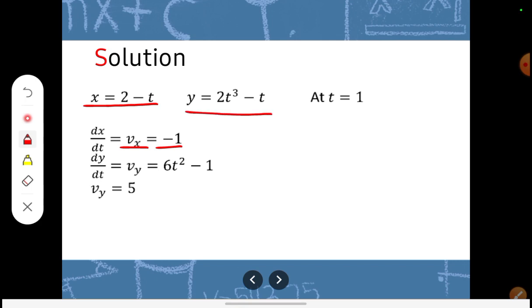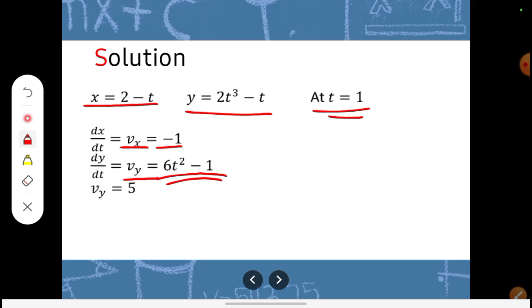We also need to get the derivative of y with respect to time. The derivative of 2t cubed minus t is 6t squared minus 1. So that will also serve as our v sub y. Since 6t squared minus 1 is in indefinite form, we need to use the value of t to get the definite value of v sub y.